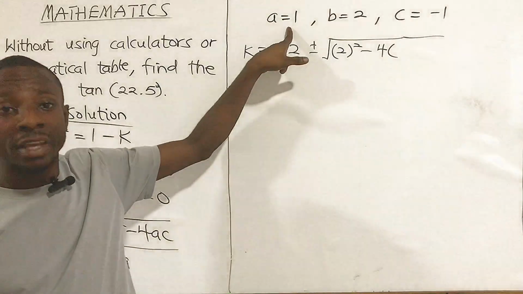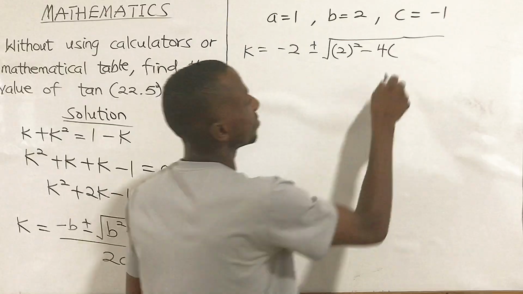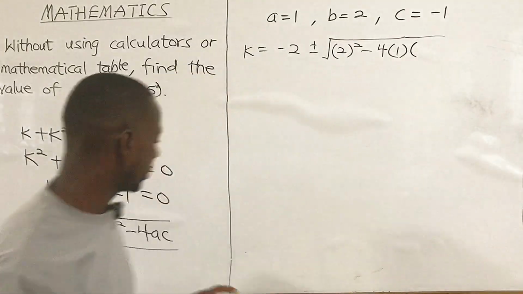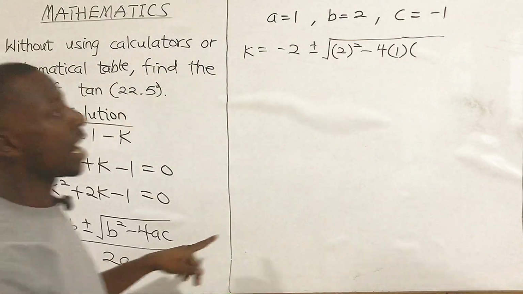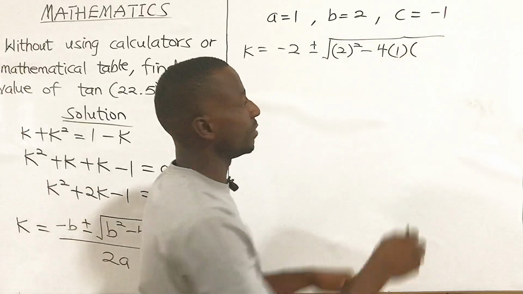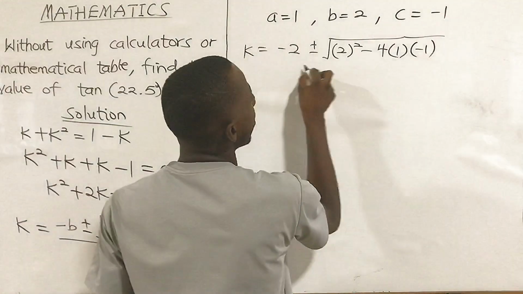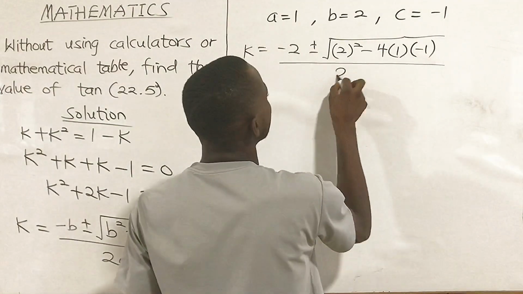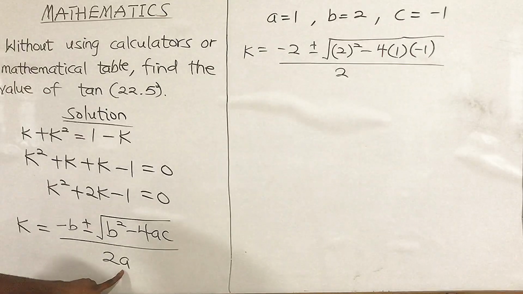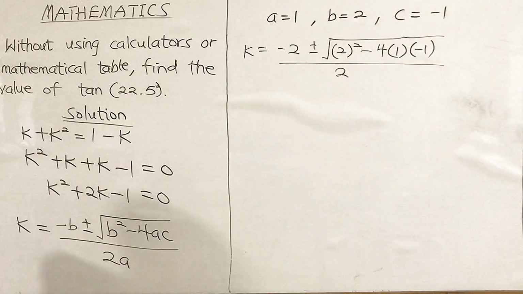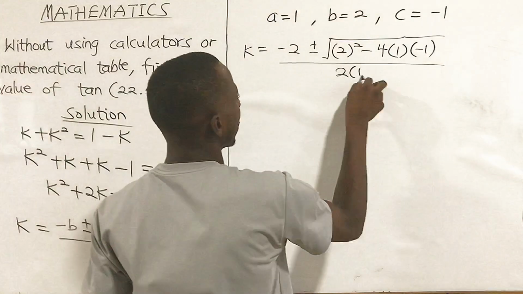I have the value of a to be 1, multiplying c, and I have the value of c to be negative 1, all over 2 multiplying a, and I still have the value of a to be positive 1.